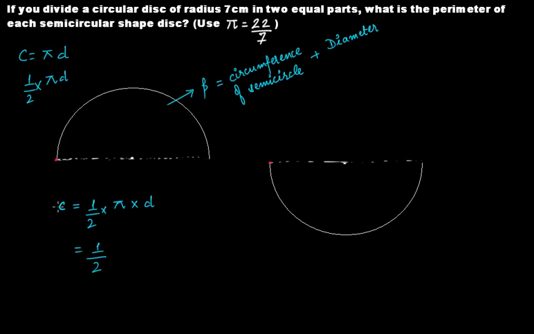So the circumference of the semicircle, which we have denoted with this small c, is half times pi, where we have to use 22/7, times d. What is d? The radius is 7 centimeter, and we know that diameter is 2 times radius. Therefore d is 2 times 7, which is 14 centimeter.